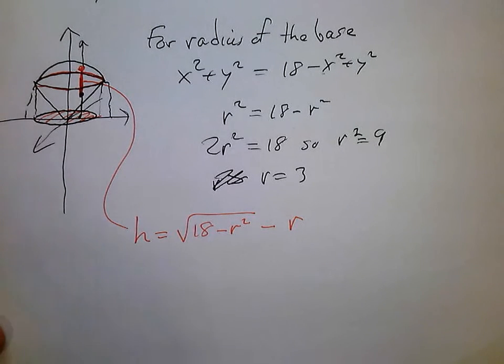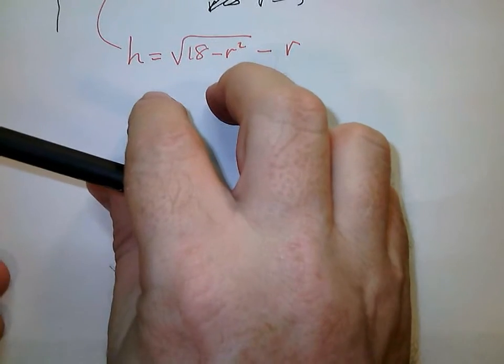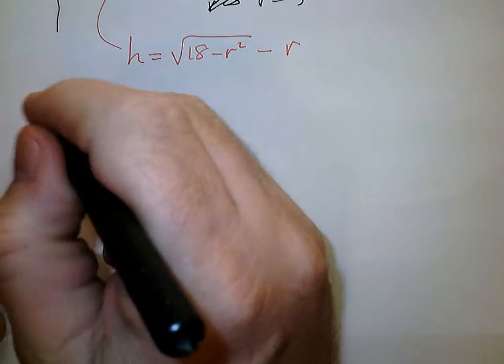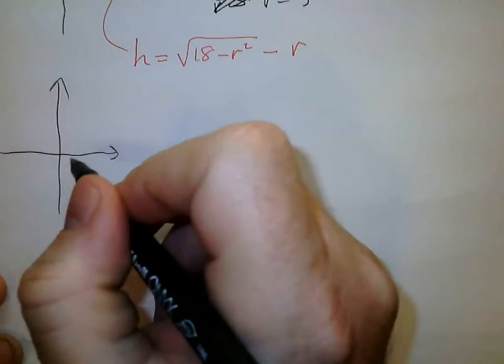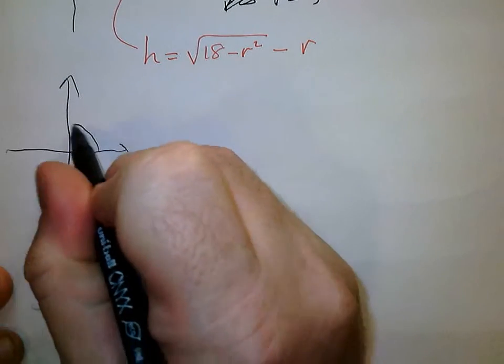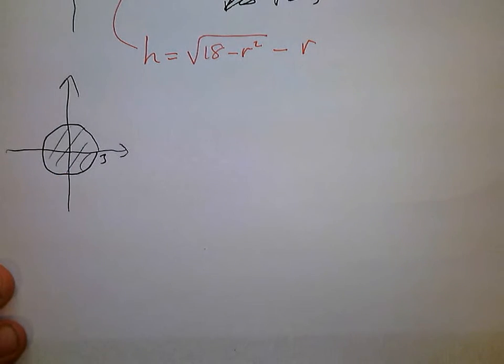And now I want to think about forming the integral. So I look down on the xy plane. Okay, so our xy plane, we had something like this, and we had our circle of radius 3. We had the whole circle.